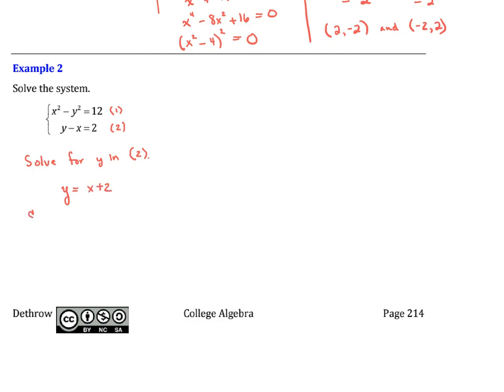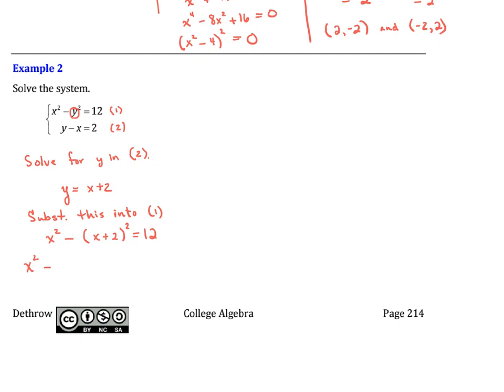Now let's substitute that into 1. This would give us x squared minus the square of the quantity x plus 2, because that's getting substituted in for that y value, and that's supposed to equal 12.